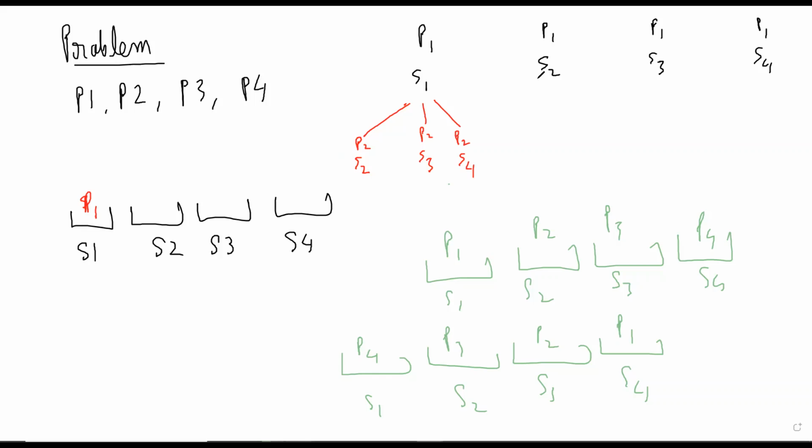I hope everybody is following this. Now, when person 1 sits in seat 2, that's a completely different case. How many choices will person 2 have in this? If person 1 sits in seat 2, then person 2 cannot sit in seat 2.